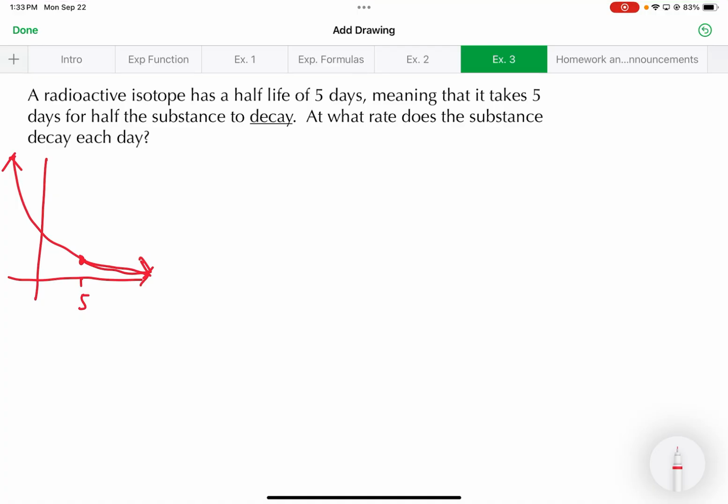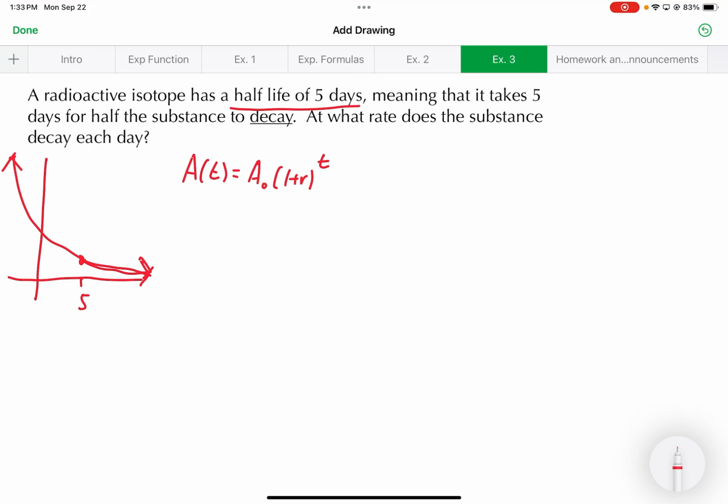So, radioactive, we have a half-life of 5 days. At what rate does the substance decay? If we use our first model that we learned, A(t) = A_0(1 + r)^t.